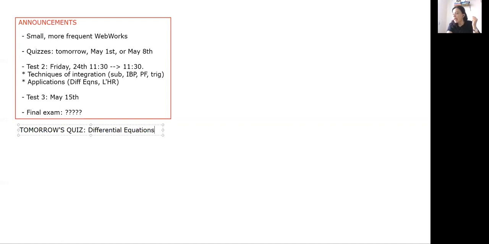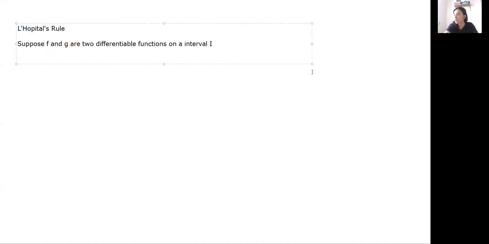So what I have is the following. L'Hopital's rule tells me the following, which is that we can suppose that f and g are two differentiable functions on a given interval I, although not necessarily at A. I'm not going to write that down because it's really not going to happen that frequently, but just so that you keep in mind, we could have the exception where the function is not differentiable exactly at a given point.